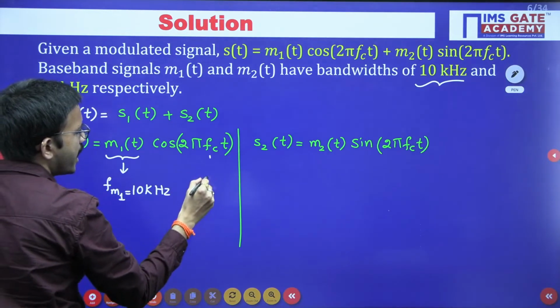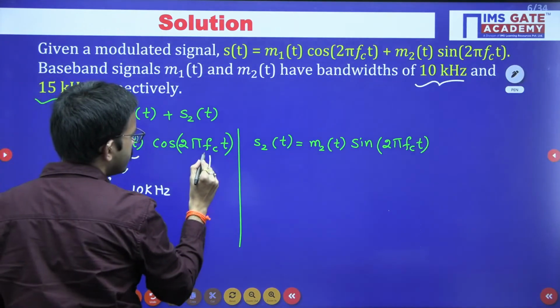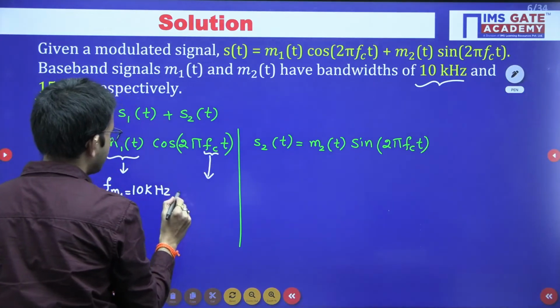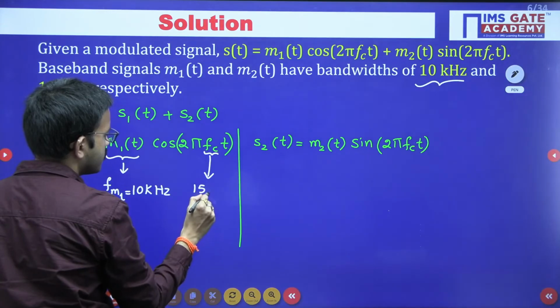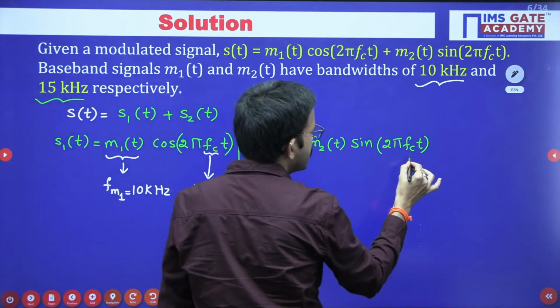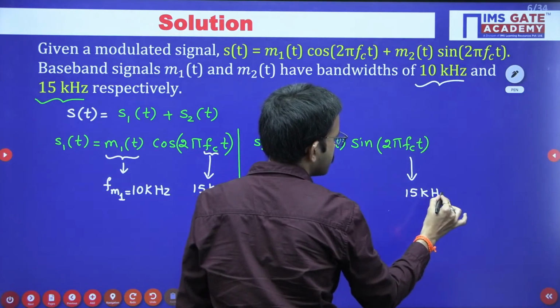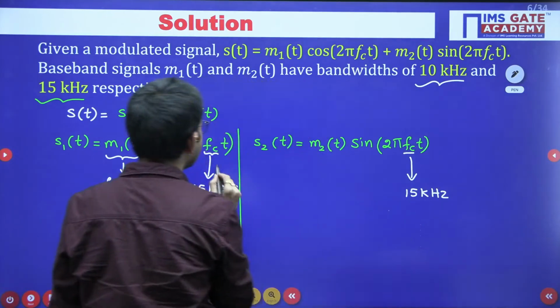And regarding the carrier frequency, it is 15 kHz. Here also the carrier frequency is the same, 15 kHz.